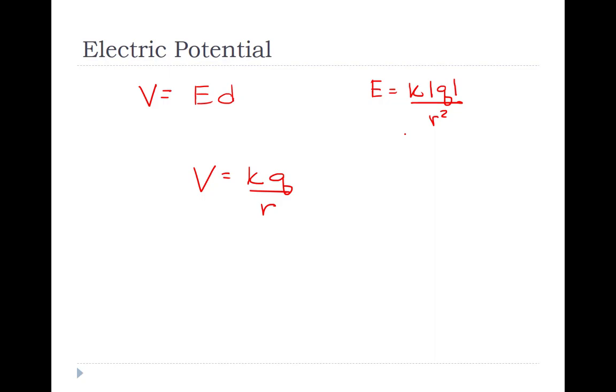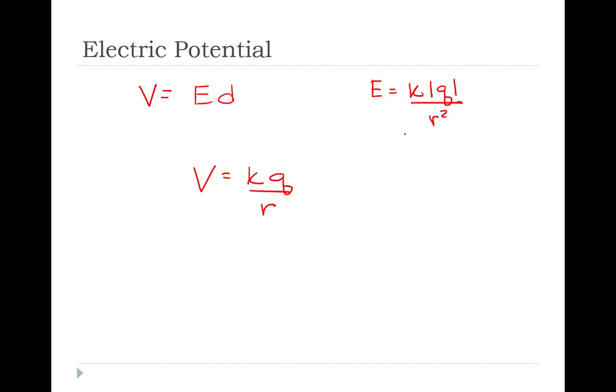That was field because it's a vector. We're now on potential. And remember, electric potential or voltage is really just electric potential energy with a factor of charge removed. It's an energy, and energy is a scalar.